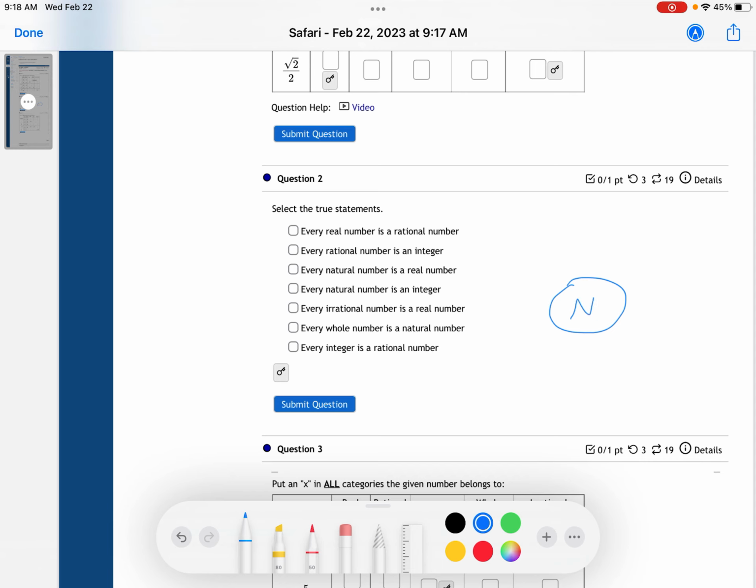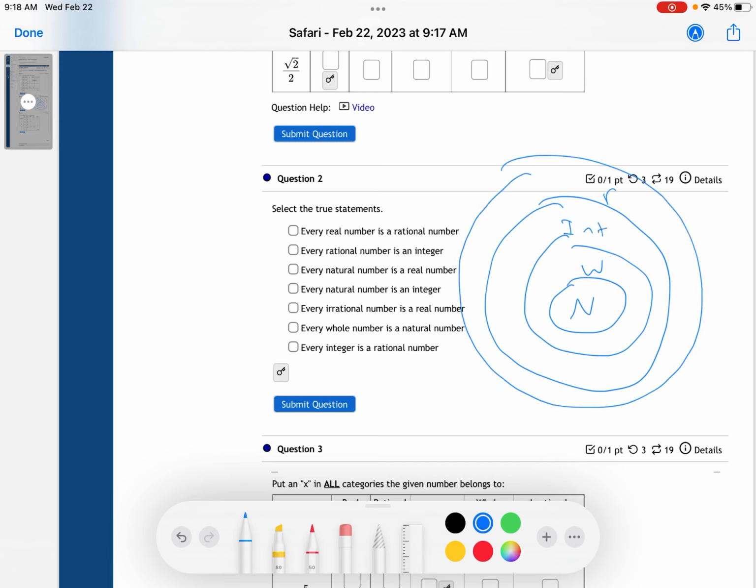You've got your natural numbers, you've got your whole numbers, you've got your integers, you've got your rational, and then you've got your reals. Okay, and then over here you have your irrational numbers.